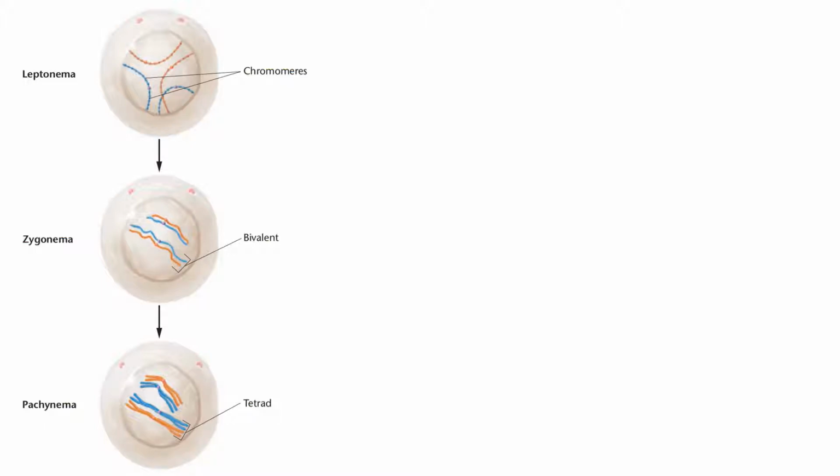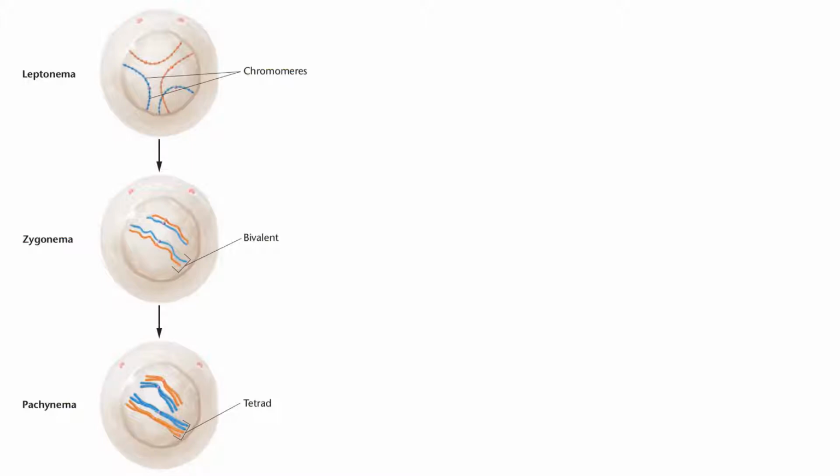And then later on, the chromosomes do something that didn't happen in mitosis. They pair with their homologous pair, or their homologs.